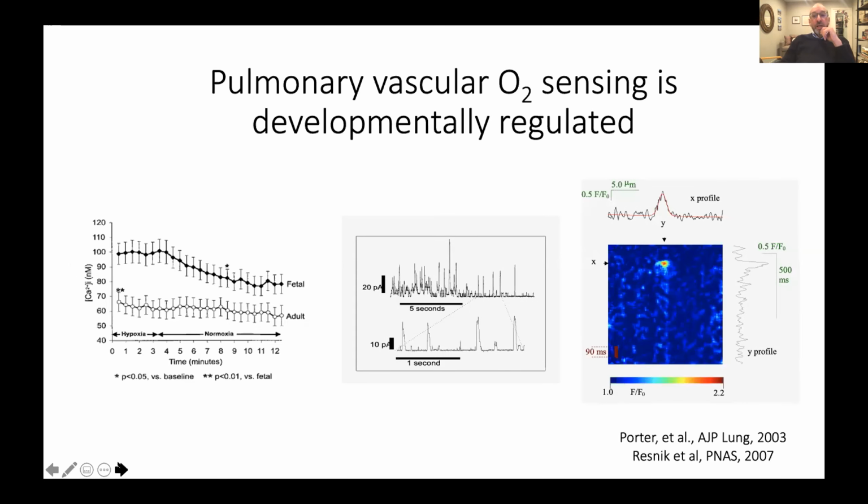Further, we used confocal microscopy to determine that there was the presence of something called sparks, these very finely tuned aliquots of calcium that were released from ryanodine-sensitive stores in the pulmonary artery smooth muscle cells to cause activation of a potassium channel and therefore pulmonary vasodilation.